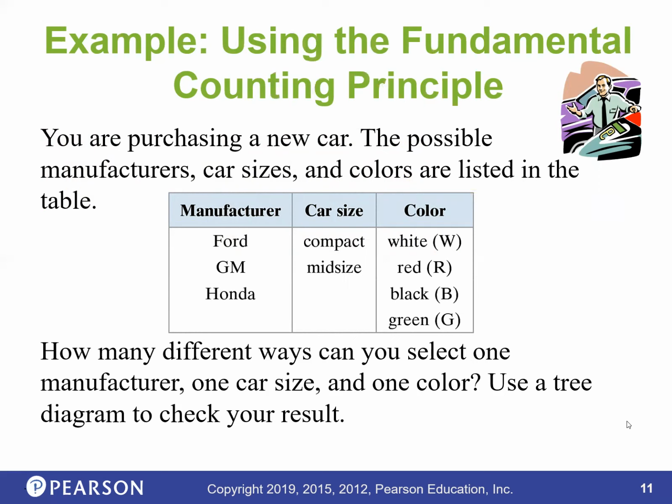But let's just say, so at this point, what are the different possibilities? Anybody? So what are the different possibilities? You can select one manufacturer, one car size, and one color.